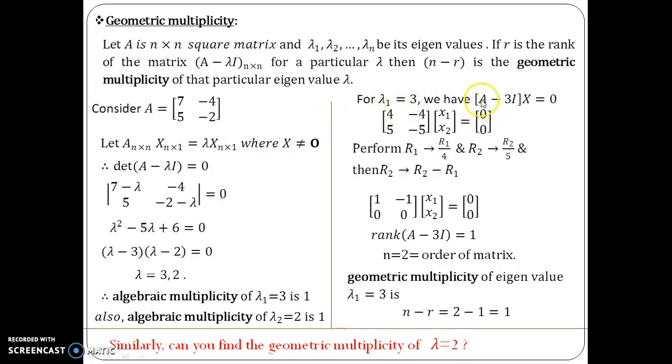For this equation, instead of finding A minus 3I, now find A minus 2I into x equal to 0. Reduce it to row echelon form. You will get the rank of A minus 2I. Then N is already fixed, which is 2 because the matrix order is 2. And then plug it into the formula, you will get the answer. This is the concept of geometric multiplicity.